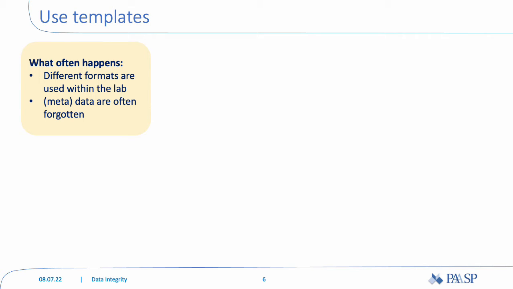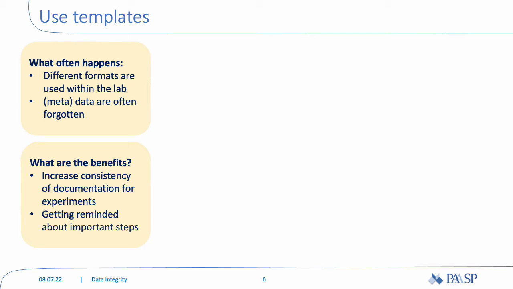Additionally, if documents need to be created from scratch, some important aspects are often forgotten, such as metadata. Therefore, the benefits of using templates are increased consistency of documentation for experiments and studies. But it also reminds us about important steps that should not be forgotten.